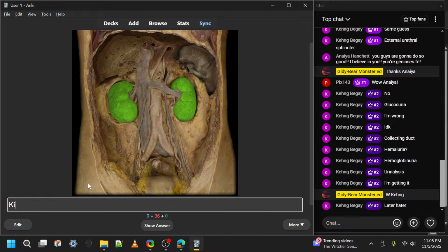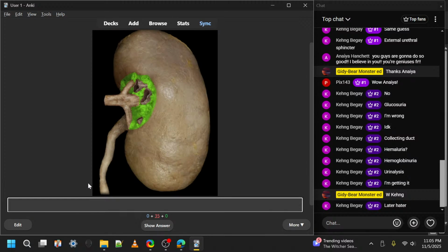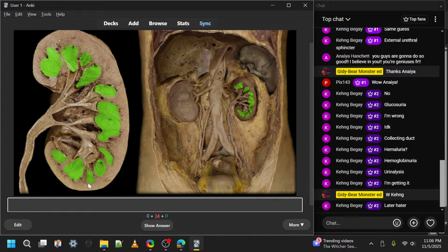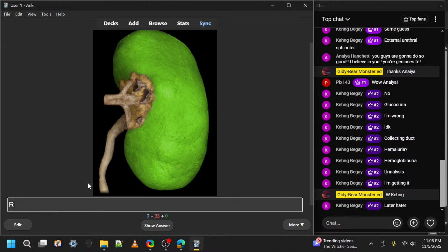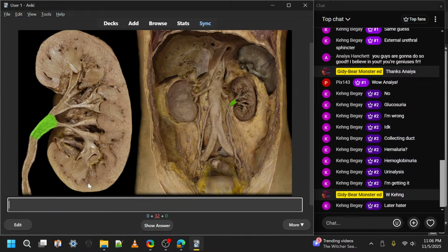This is the kidney, the hilum, the renal pyramid, pelvis, the renal pelvis.